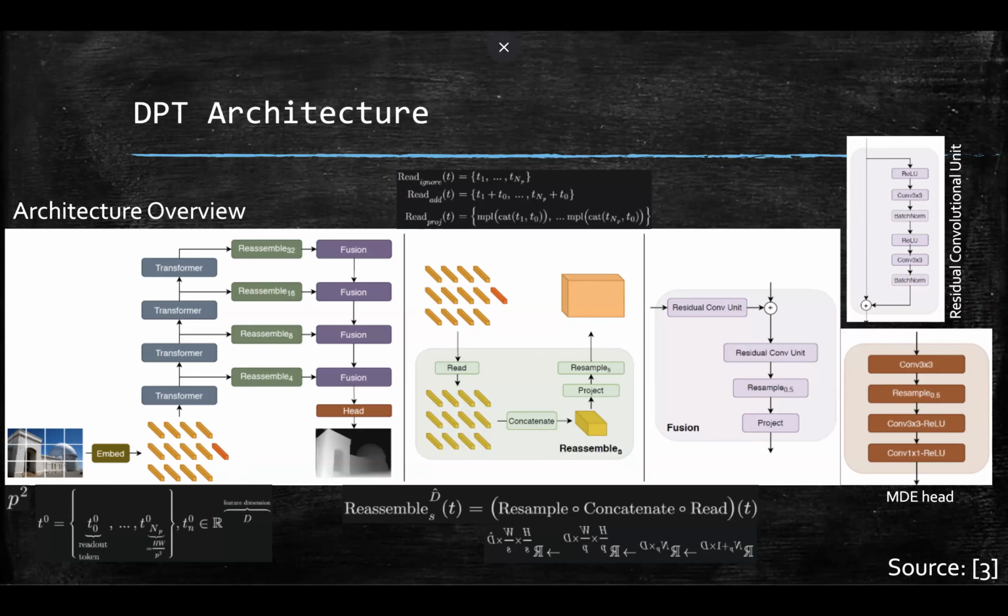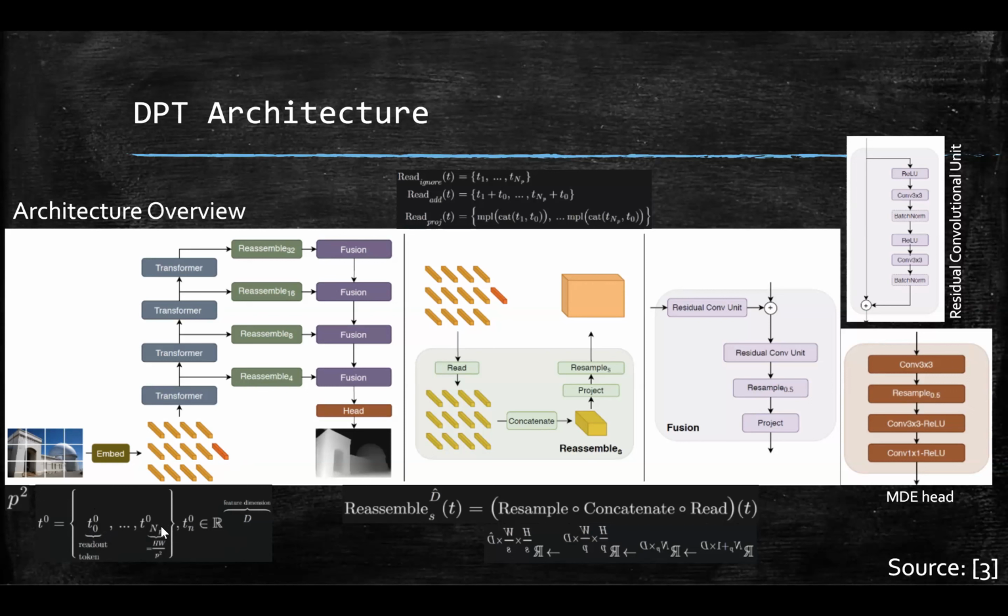We refer to the special token as the readout token, and the result of applying the embedding procedure to an image of size H times W pixels is a set of tokens. So in this set of tokens, the zeroth is the readout token, this red one here, and the other N_P tokens are actually a representation of that image.